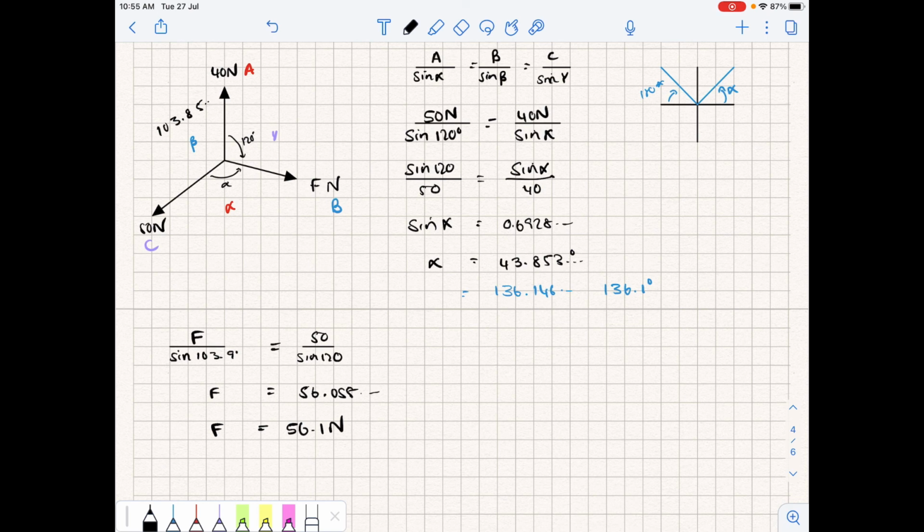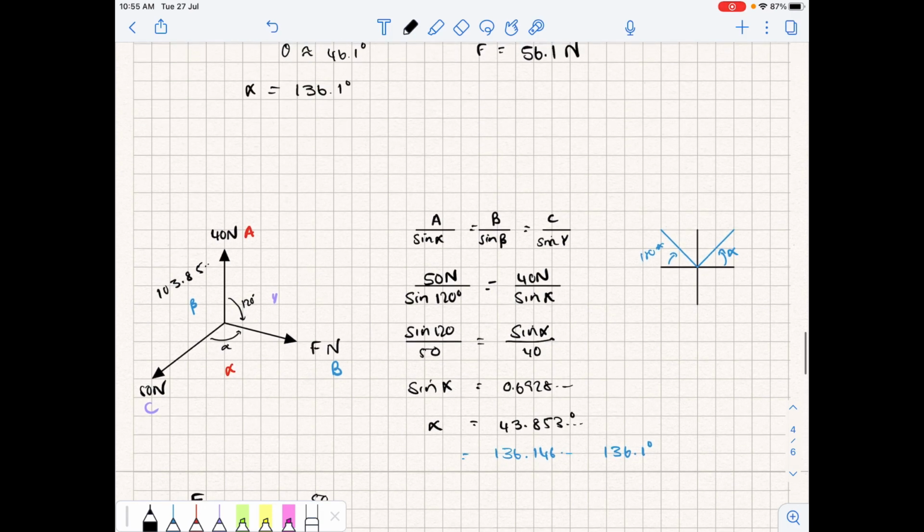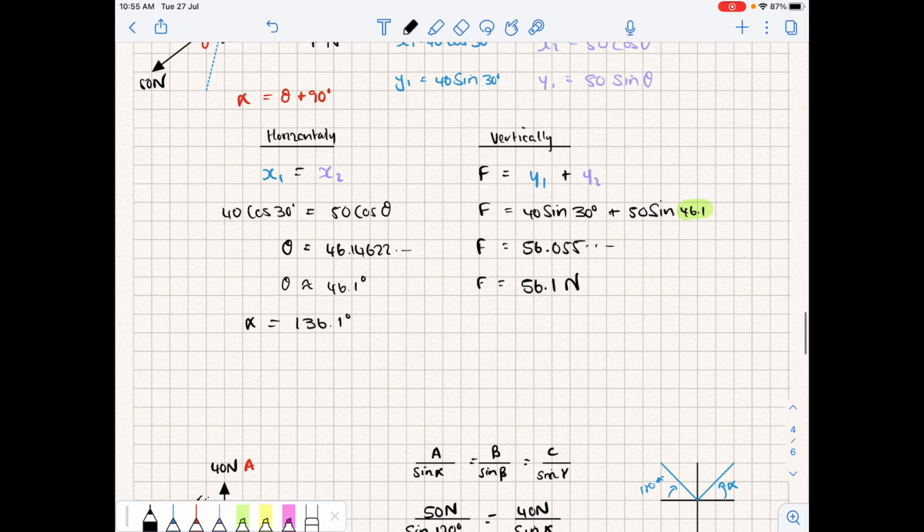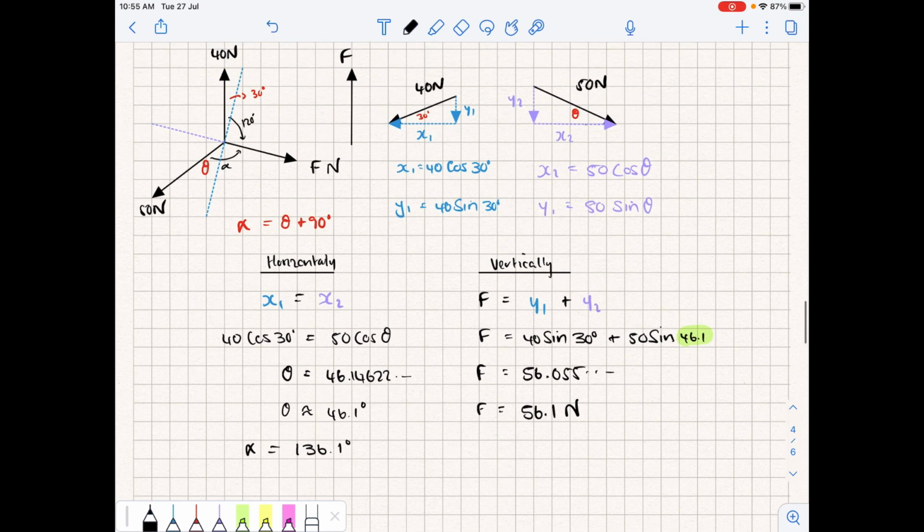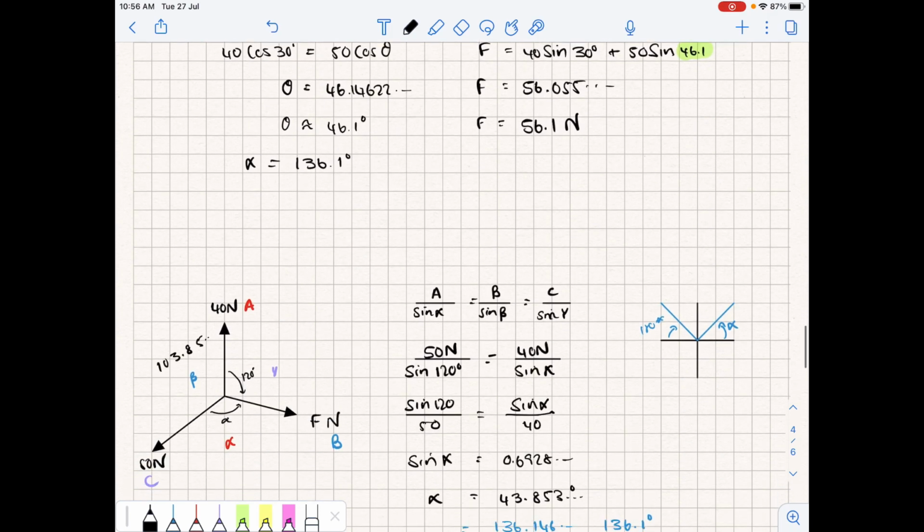Okay? So in 3 lines in total, well, actually 2 without the rounding, we've resolved and found force F. And if we compare that to the original one, there was a lot more working out required. We had to split components up. We had to find an angle to find our alpha, and then we could only resolve force F. It took much more working out.